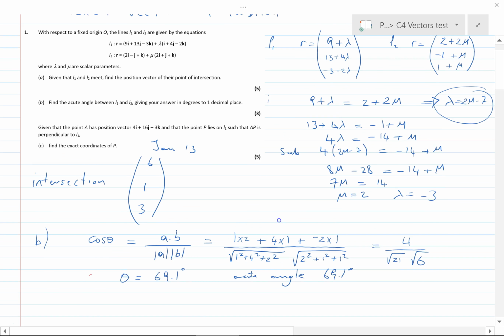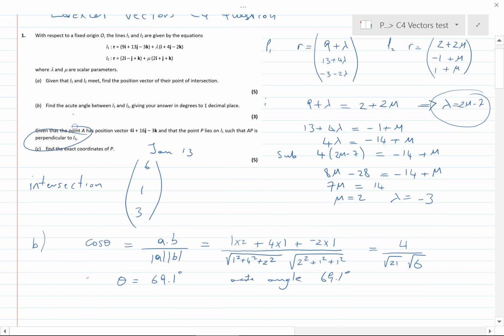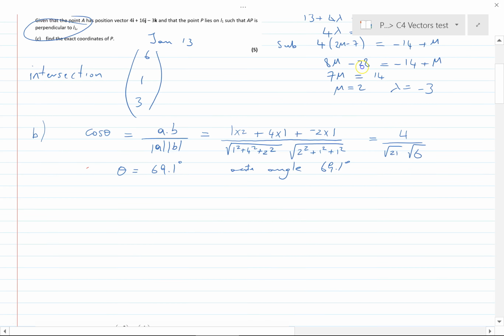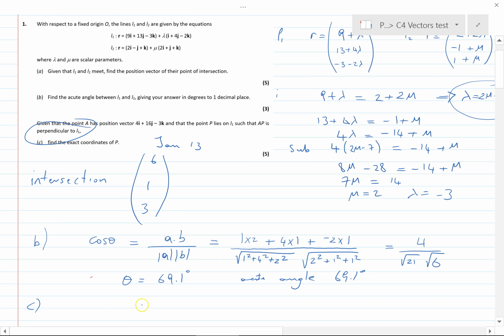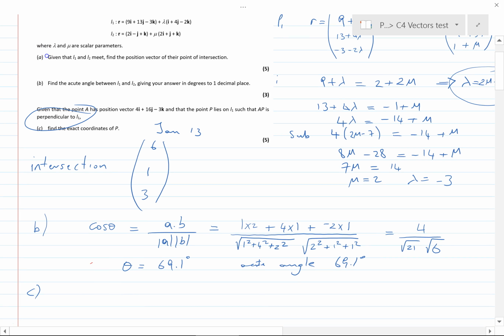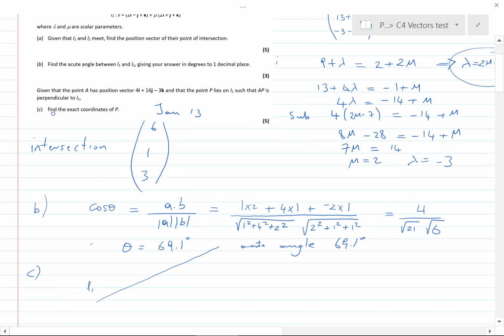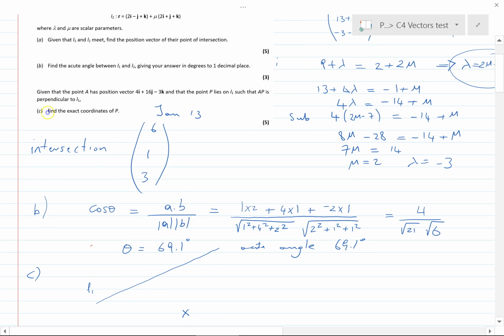Right, so here we're first of all dealing with line L1. Let's just do a diagram here. We have line L1, let's move it up a bit. Let's make that line L1, and pick a point which is not on the line, point A. Not on the line, let's make it there.